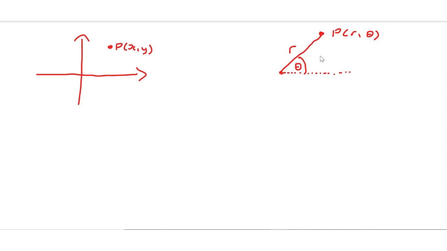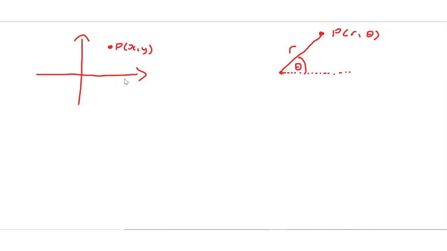So instead of saying to get to point P you walk this many steps east and this many steps north, you say you turn at this angle and then you walk this much in the direction you're currently facing. That's a reasonable explanation of a point in space.